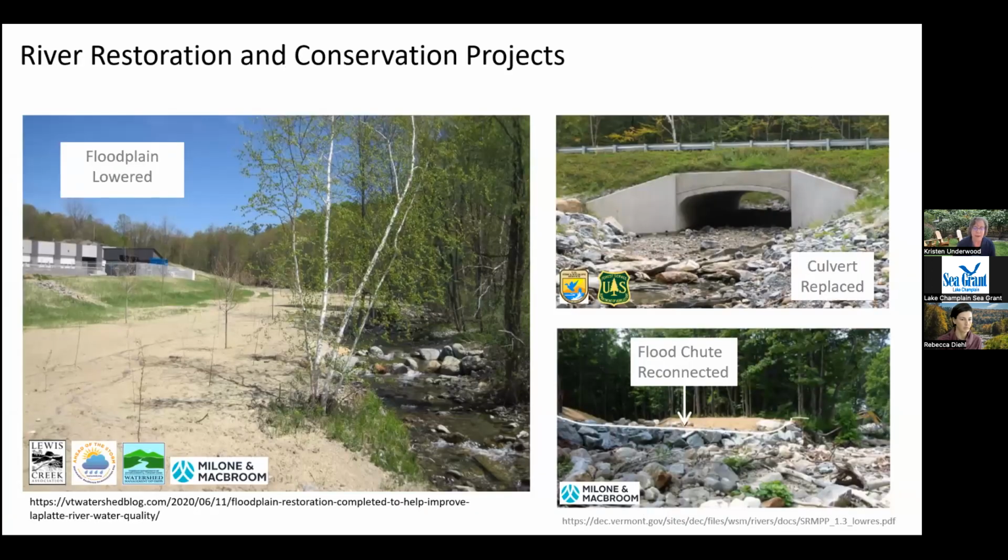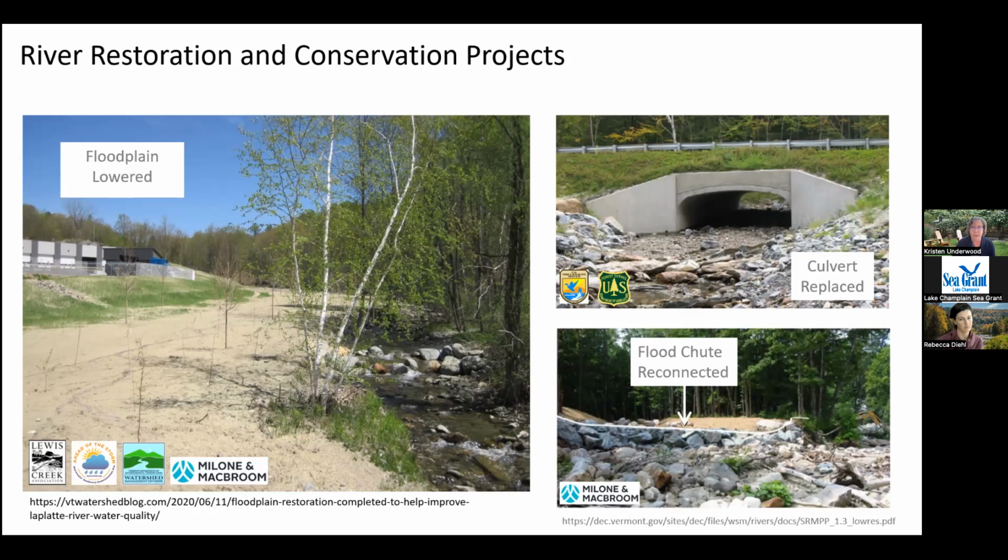Vermont began to recognize that the ecosystem co-benefits of connected floodplains added to the value of river restoration projects and began to identify opportunities to reconnect Vermont rivers as early as the mid-2000s.